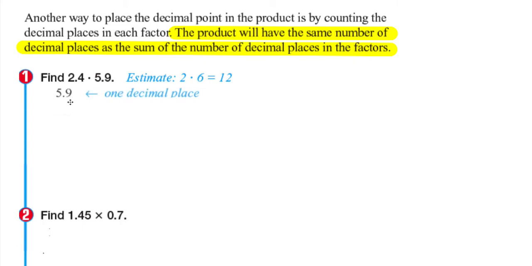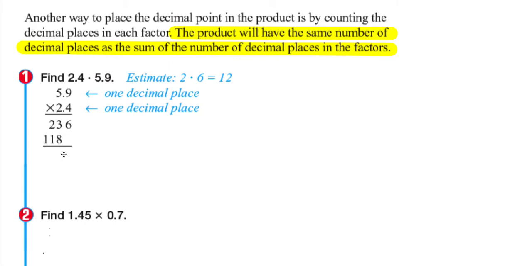5.9 has 1 decimal place, and 2.4 has 1 decimal place as well. If we multiply them, 4 times 9 is 36, carry 3, 4 times 5 is 20, 23. The next line would be 2 times 9 is 18, carry 1, 2 times 5 is 10, plus 1 is 11.